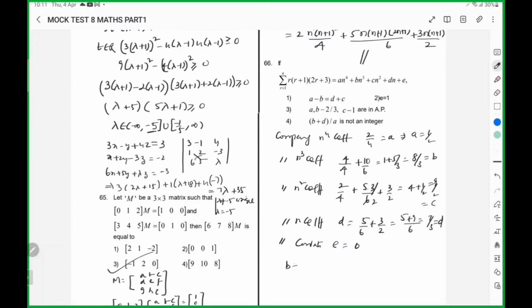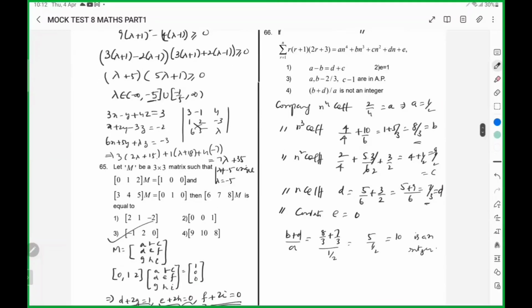So B plus D by A is 8 by 3 plus 7 by 3, divided by A which is half, 5 by half, which is 10, an integer. So the fourth option is wrong.